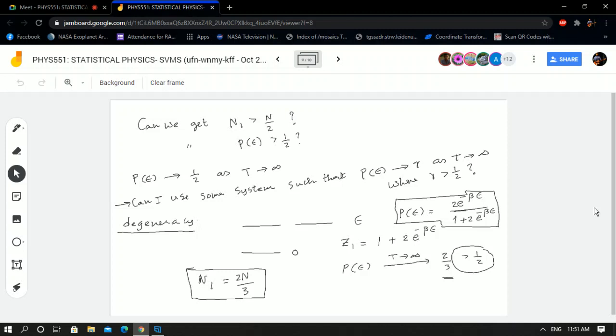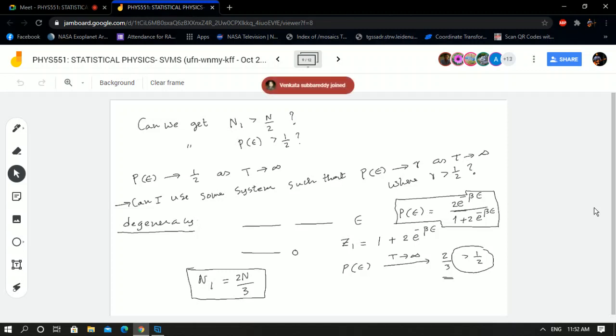If they are non-interacting, then we can use this scheme: you find the partition function for the single particle, and then the partition function for the entire system can be obtained by raising this to the power N. The partition function for the single particle is simply 1 plus e to the minus beta epsilon. Then the total partition function is given by this.